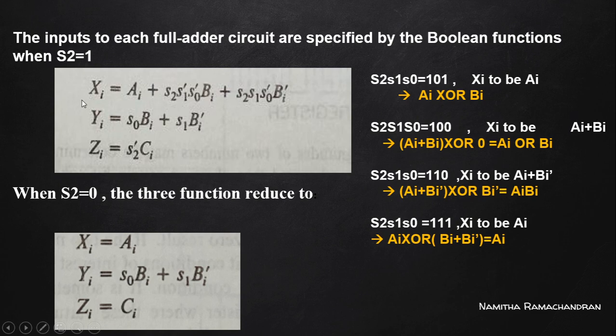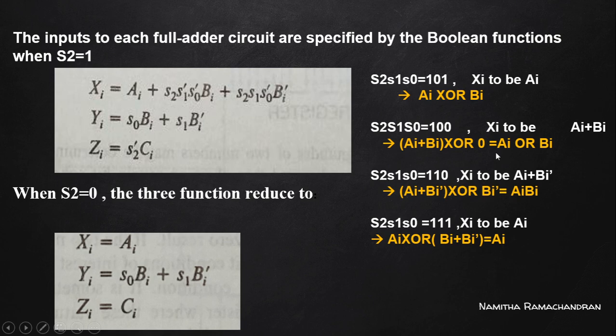So in this particular selection case, Xi becomes Ai plus Bi. And Yi becomes, this term is 0, this S1 is actually 0, so this term is again 0. And this term is also 0, S2 complement, 1 complement is 0. So in this case, Xi becomes Ai plus Bi and Yi is 0.